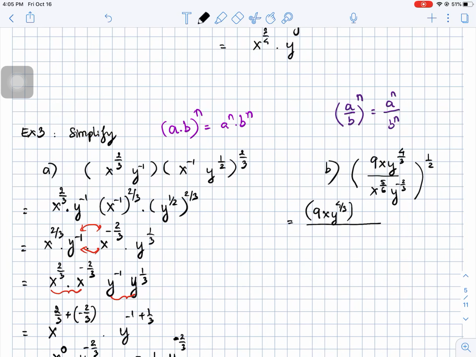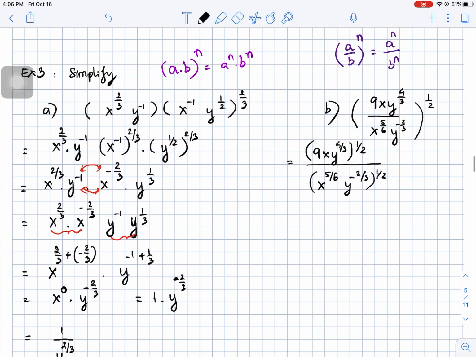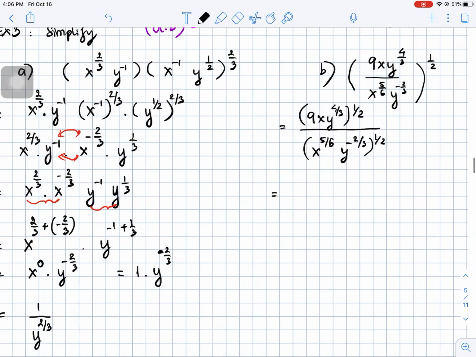The top one will represent your a, the bottom one will represent your b, the whole thing. So a to the exponent 1/2 and b to the exponent 1/2. That means 9xy to the 4/3, exponent 1/2. And then x to the 5/6 y to the negative 2/3, exponent 1/2.